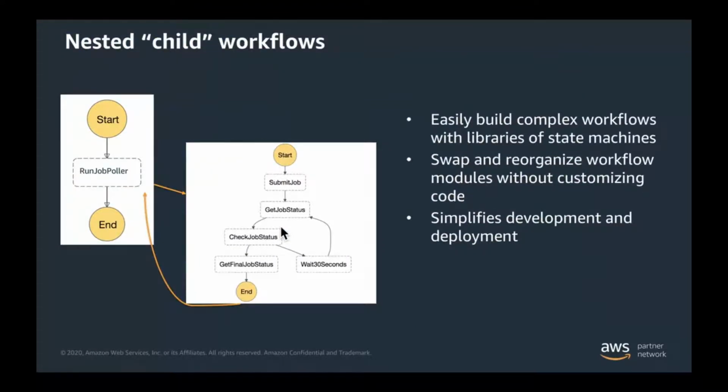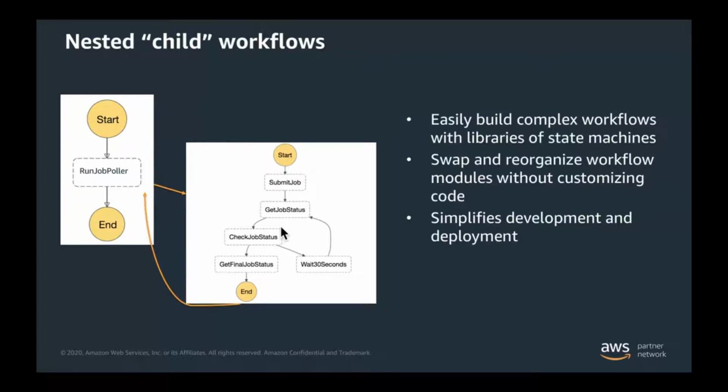We also support nested child workflows. So Step Functions can invoke Step Functions, and where this is really helpful is let's say you have really complex state machines. What you can start to do is build up a library of child state machines, and include those in the higher level state machines, and really simplify your higher level state machine.